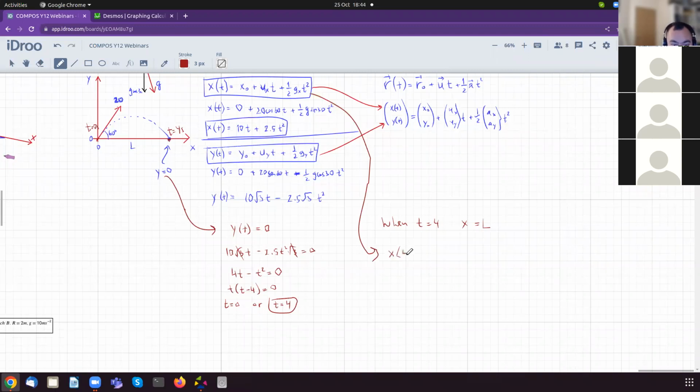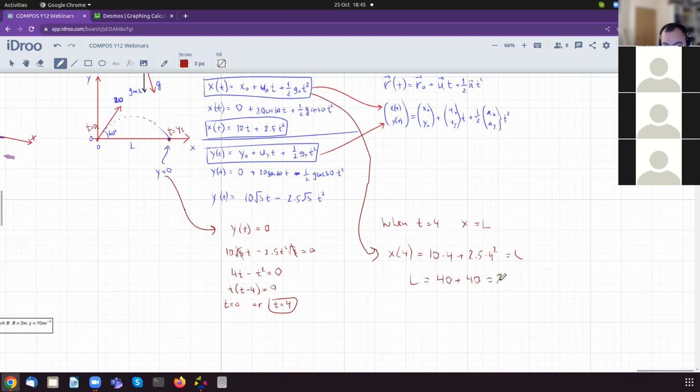So x of 4 is equal to 10 times 4 plus 2.5 times 4 squared, and that equals L. So L is equal to 40 plus 2.5 times 4 squared, so 2.5 times 4, which is 10, times 4 is 40.